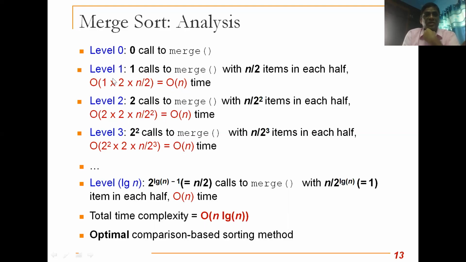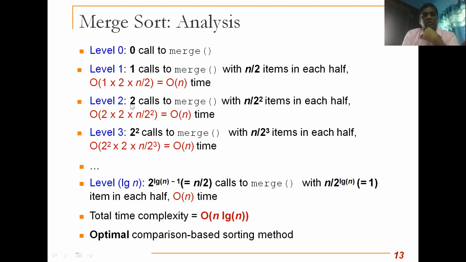One call. How many halves are there? Two halves, with n by 2 elements in each half. Merge always uses two halves only. So what is the time complexity required here? Order of n time in level 1.